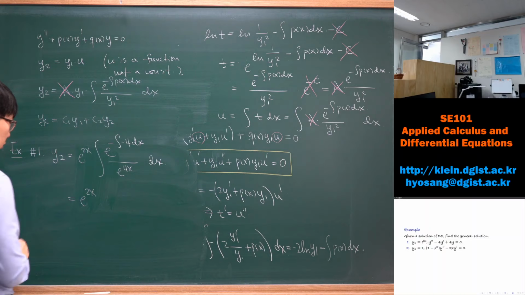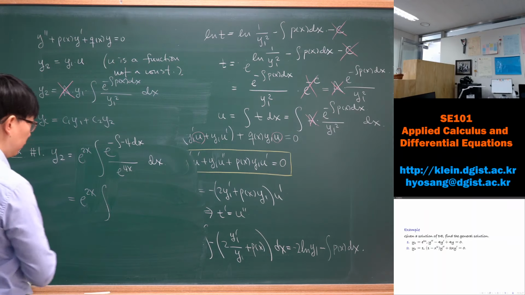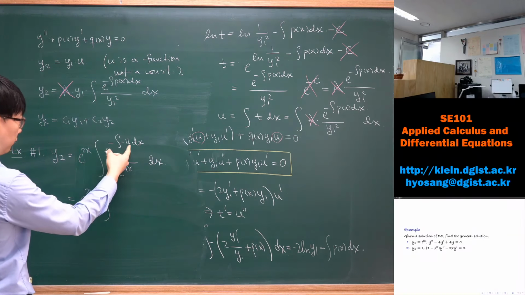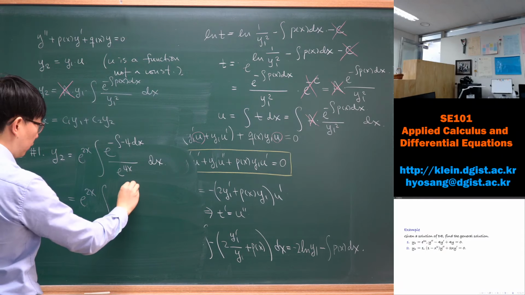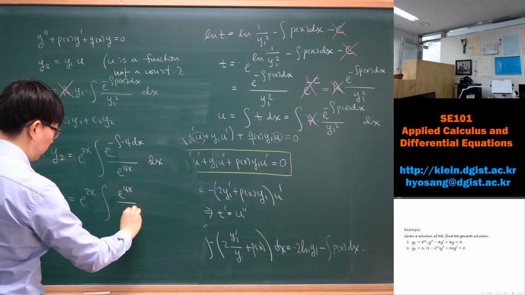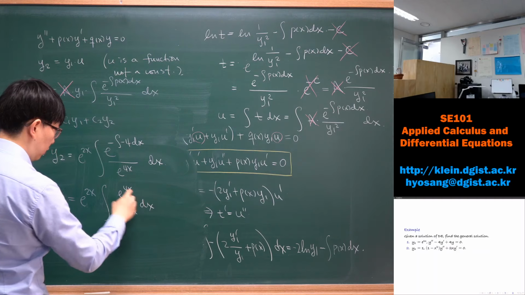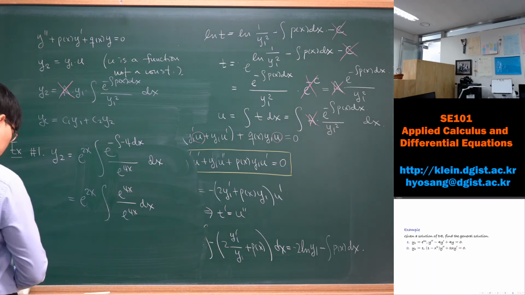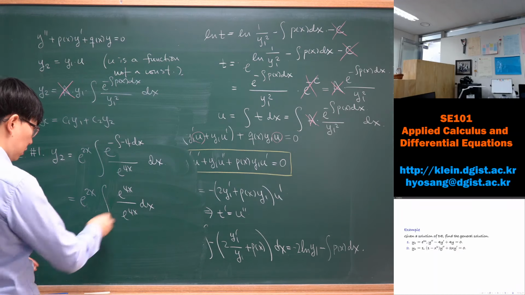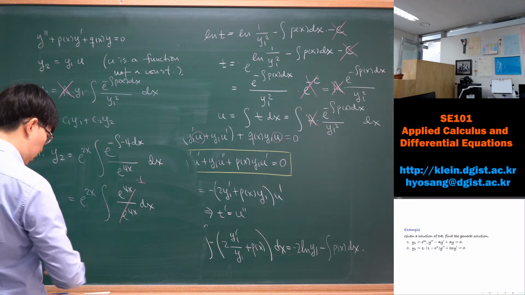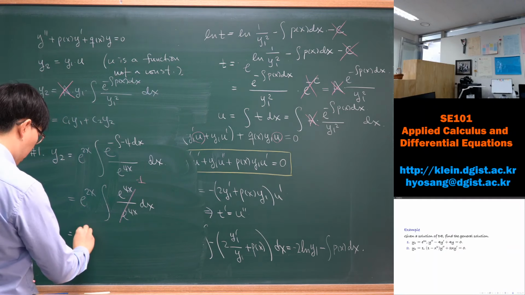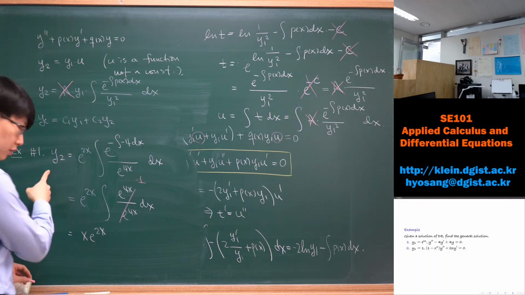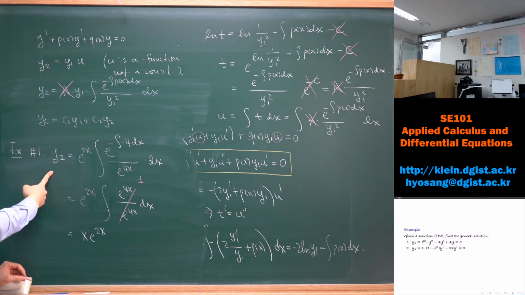So this is e to the 2x times the integral. So this is plus 4x. So e to the 4x over e to the 4x dx. So this is 1. So the integral of 1 is x. Therefore, x times e to the 2x is our second fundamental solution.